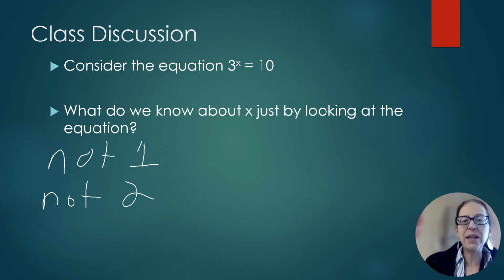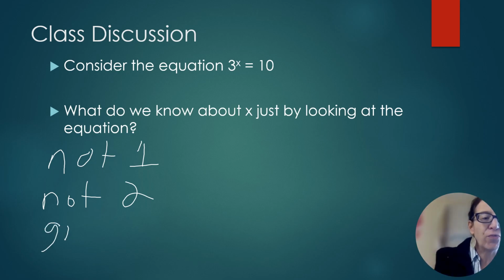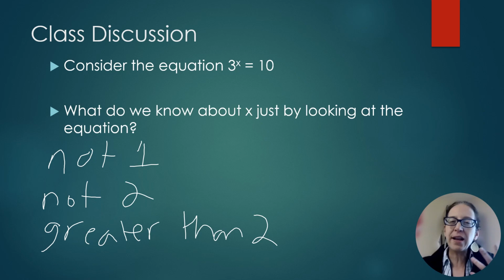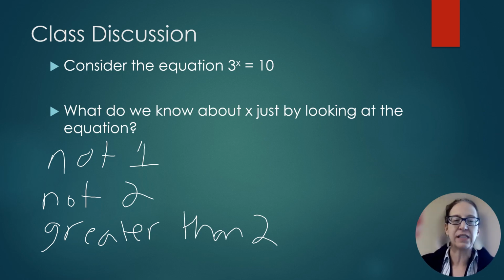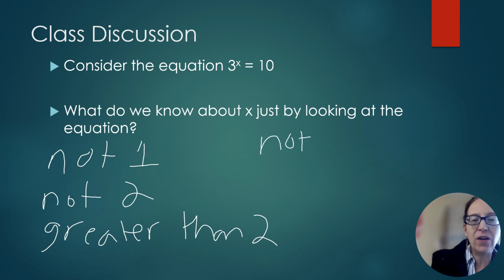And so somebody might say, well, I know x is greater than 2. Okay, so then we kind of home in on stuff. So we start off with something that seems very obvious, and then we get a little bit more specific. X has to be greater than 2. And then somebody might say, well, x is not a whole number.